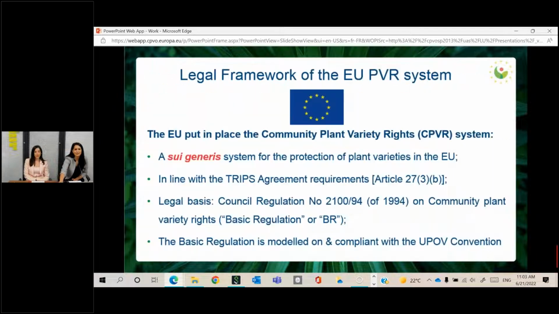Very interesting though. So what does the UPOV Convention say, and how did we implement it in the European Union? Well, as every convention, the UPOV Convention provides some options. So what did we go for in the European Union? First of all, we created, on the suggestion of Article 27 of the TRIPS agreement, a sui generis system. What does it mean?